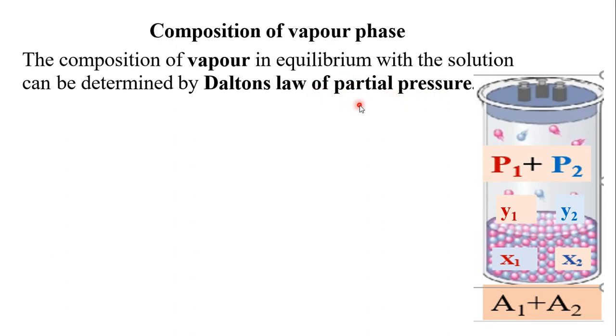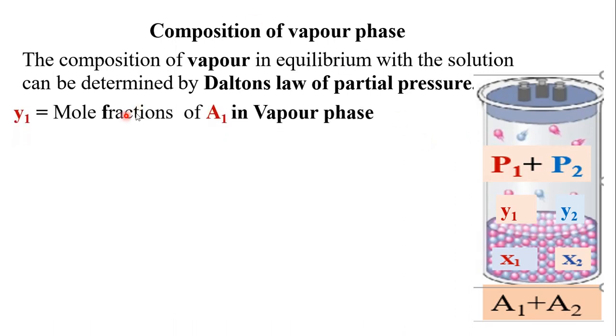And what it states: the partial pressure of a gas is obtained by multiplying the total pressure of the mixture by the mole fraction of that gas. हे मिक्सचर आहे, याचं टोटल प्रेशर म्हणजे P. Now suppose Y1 is the mole fraction of A1 in vapor phase and x1 is the mole fraction of A1 in liquid phase. हा फरक लक्षात घ्या.